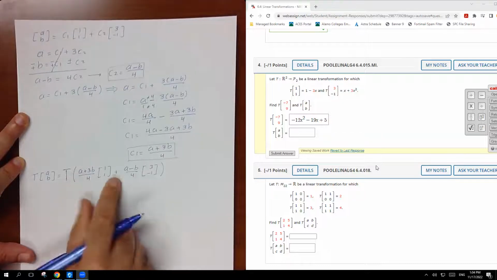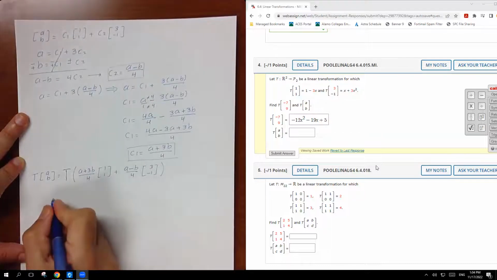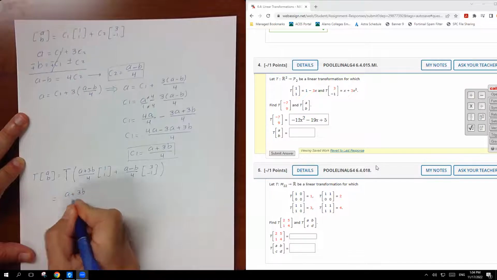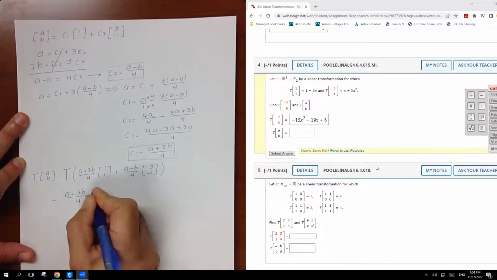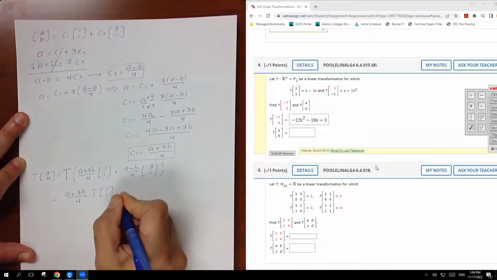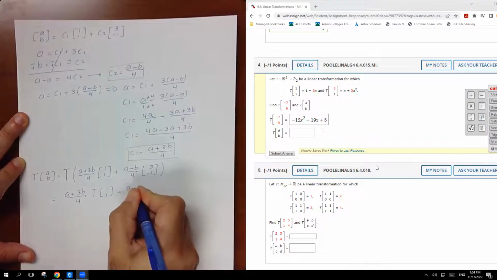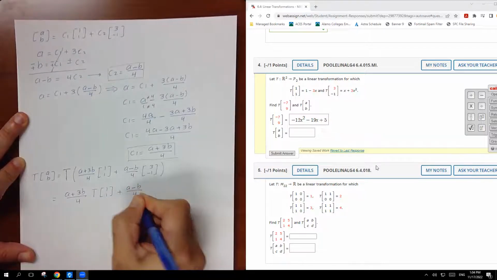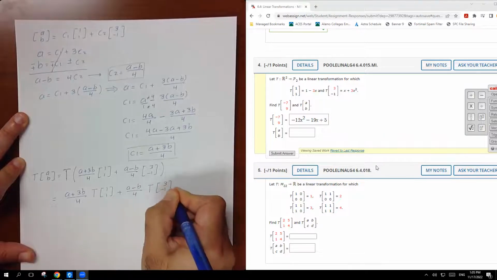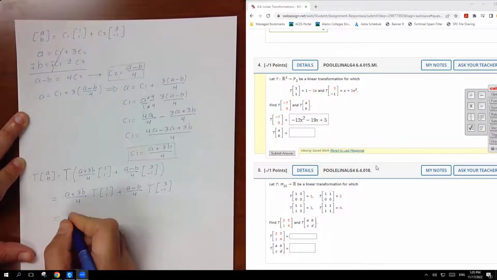Now the transformation for this one is going to be equal to (a plus 3b)/4 times the transformation of (1, 1) plus (a minus b)/4 times the transformation of (3, negative 1).